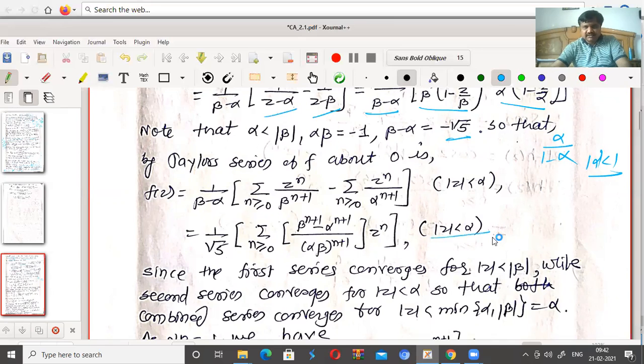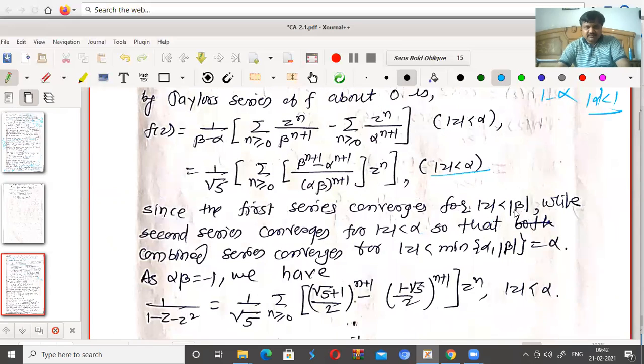Since the first series converges for mod z less than beta, while the second series converges for mod z less than alpha, the combined series converges for mod z less than the minimum of alpha and beta. Minimum of alpha and beta is what? Alpha is the minimum of these two.